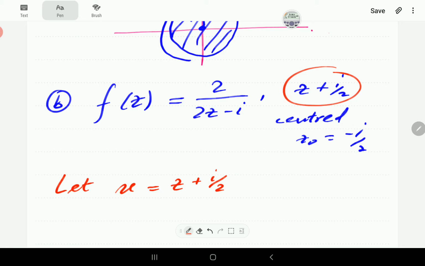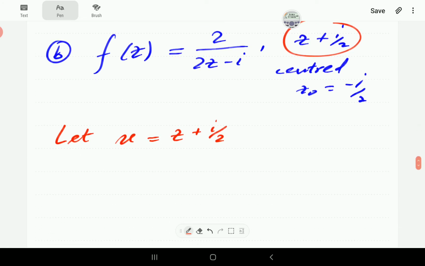This is equivalent to transforming the origin, so that the origin is now going to be at z plus i/2, and then we're just going to find a Maclaurin series in terms of u.